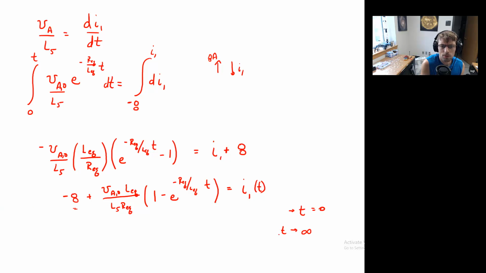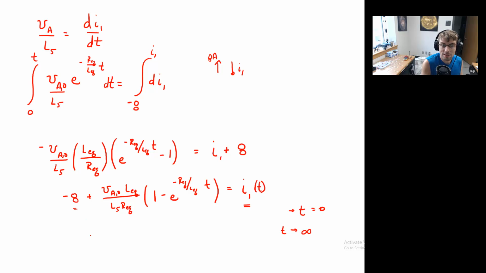When time goes to infinity, the current flowing through my first inductor doesn't drop to 0, which strikes me as a little bit odd. But then I have to remember that you have those two inductors in parallel, and so some of the current is going to get directed from one inductor back to the other and back and forth.